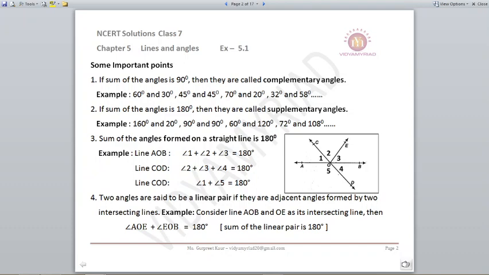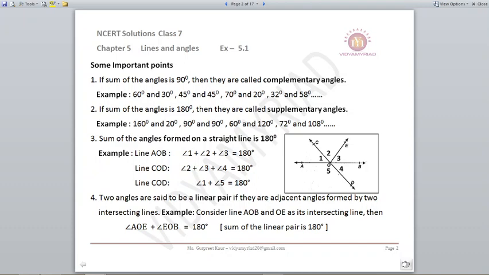And the last thing we are going to discuss is the linear pair. The two adjacent angles, we will call it a linear pair if their sum is on a straight line, that is 180 degrees. For example, if you look over here, consider the line AOB, and I am taking another line OE as an intersecting line.